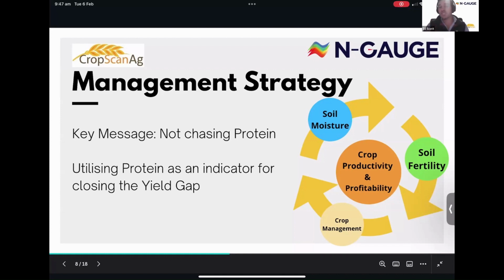Unless you're in a rainfall zone that's having a significant leaching event, and I know we've had a lot of rainfall over different parts of the country, this is where we need to track how much moisture we're actually losing out of the bottom of the bucket through the profile. If not, any nitrogen that has been applied and hasn't been removed is still sitting within that soil profile.